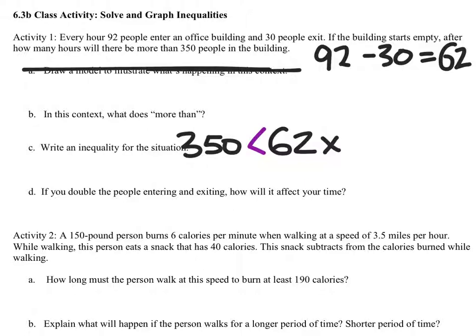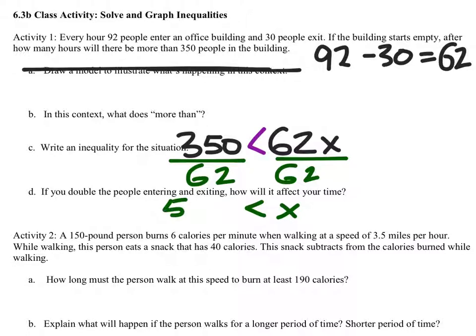So how do we figure out how many hours this will take? Well, we'll divide both sides by 62, just like we would in a regular equation. And that gives us x is greater than 5.65 hours. So we know then that x should be greater than or equal to 6 hours.